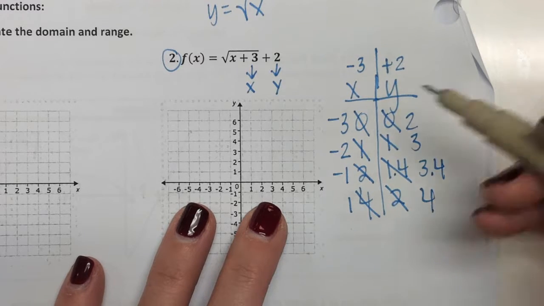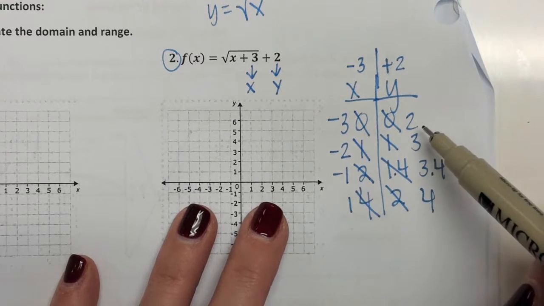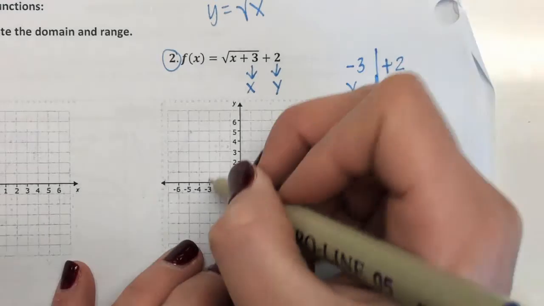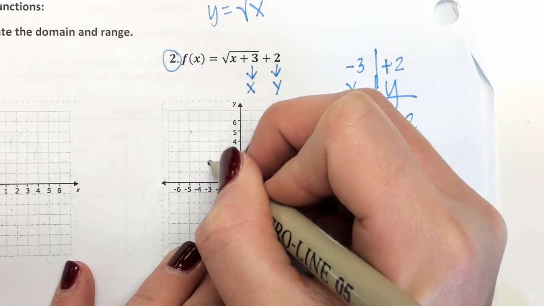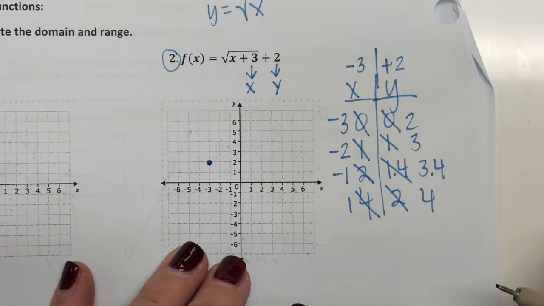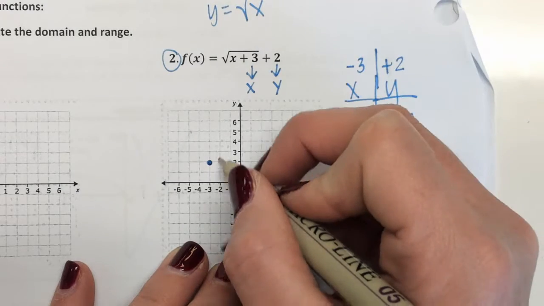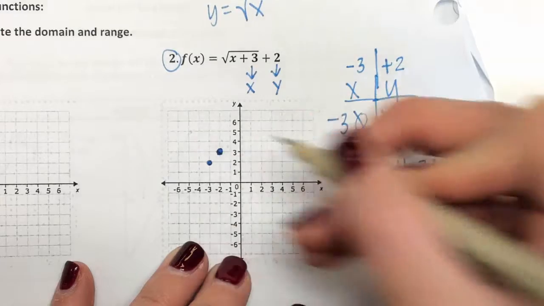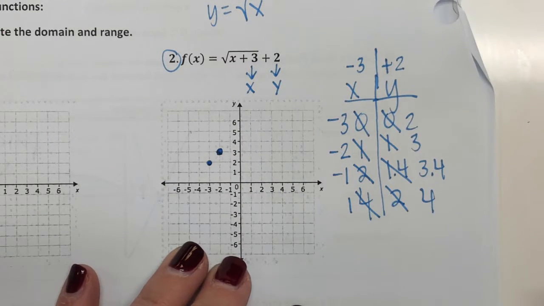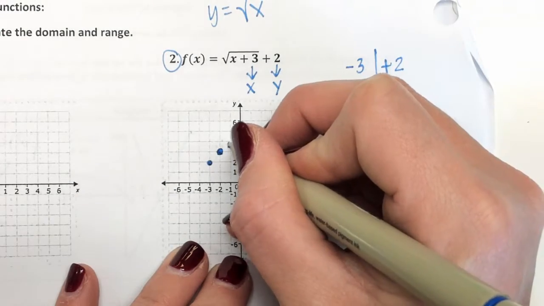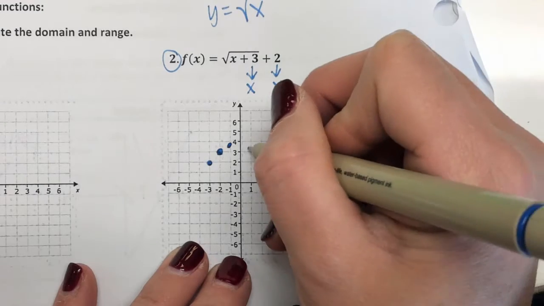So what you're going to do is graph these new points. You're going to graph negative 3, 2, which is going to be right here. You're going to have negative 2, 3, which is going to be right here. Negative 1, 3.4, and 1, 4.